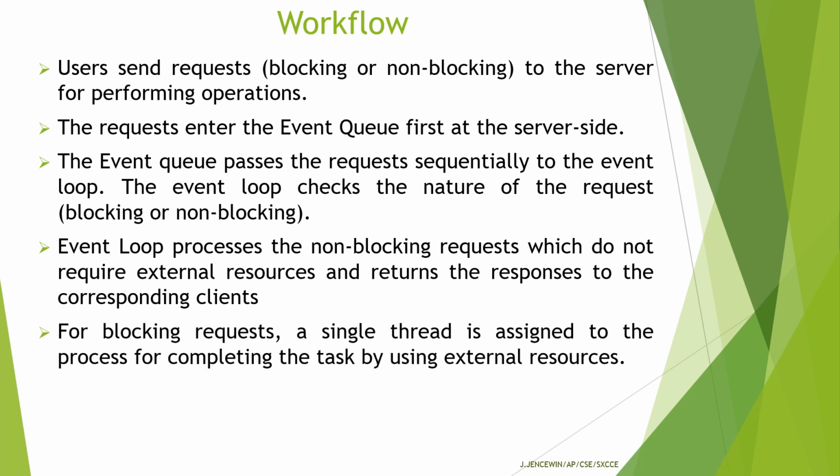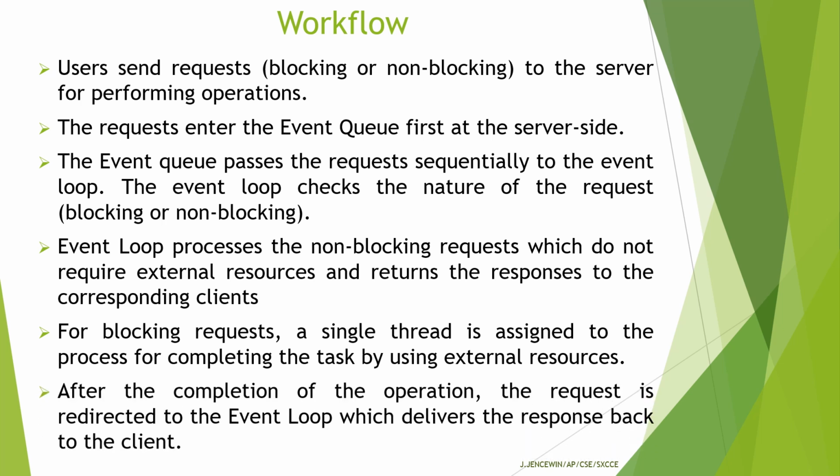For a blocking request, a single thread is assigned to complete the particular task using some external resources. The event loop hands over that request to the thread, and the thread handles the blocking request while the event loop does its normal work, fetching other client requests.